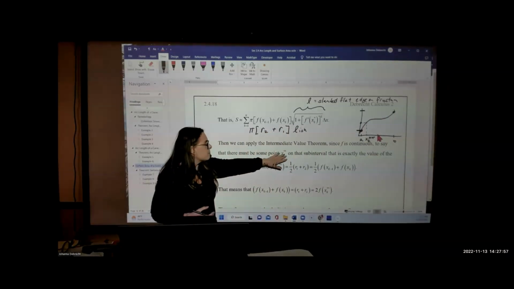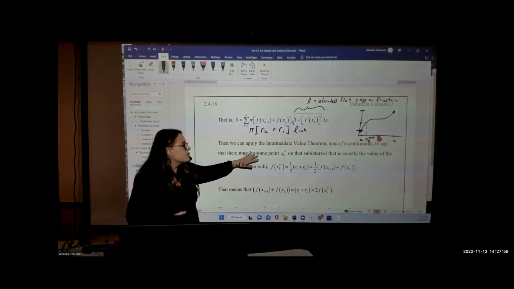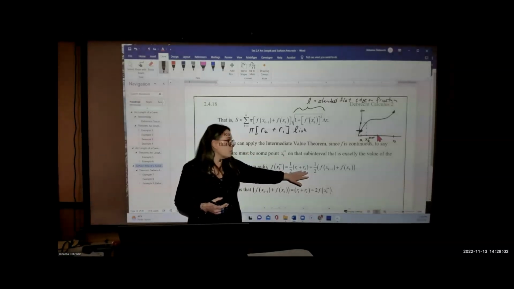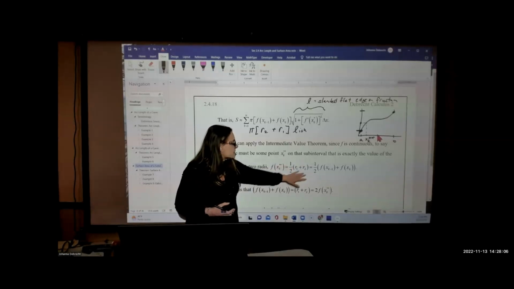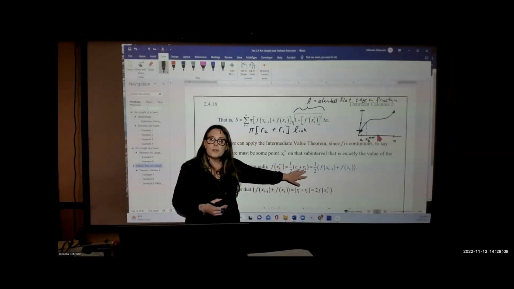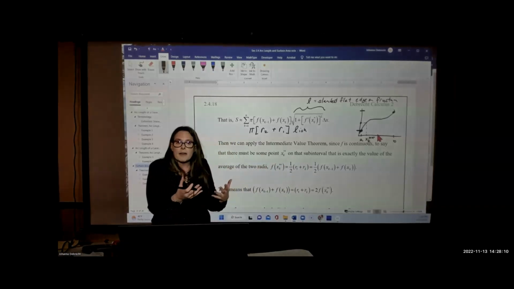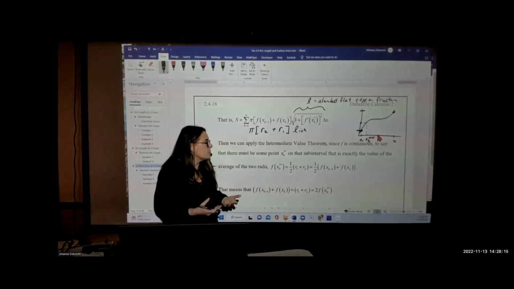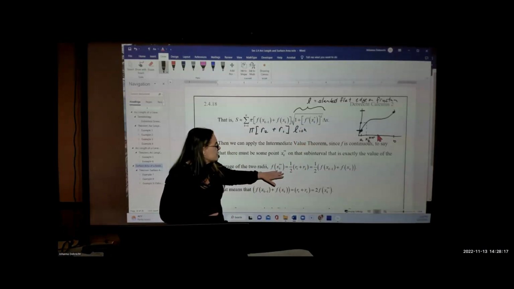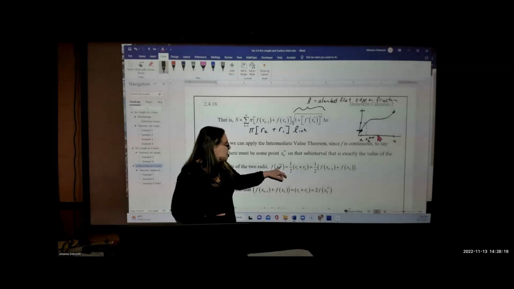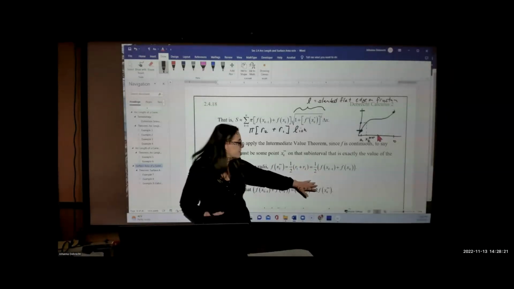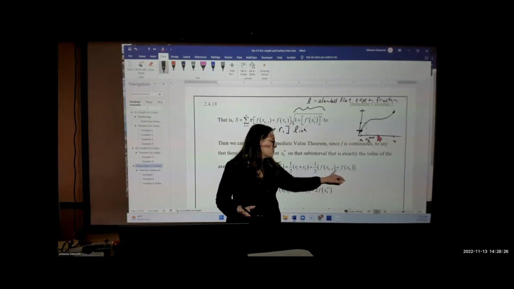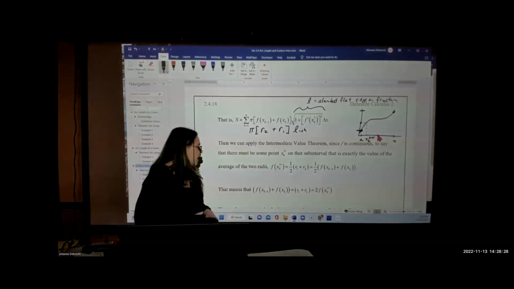And we're going to take that point right there, and we know that somewhere this point has to represent the average of R1 plus R2. So because it's continuous, R1 plus R2 divided by 2 is the point halfway in between those two y values. It's a continuous curve, so you know it's got to be on there. And this will give us f of x sub k double star equal to half of the radius on the left and the radius on the right, f of x sub k minus 1 and f of x sub k.